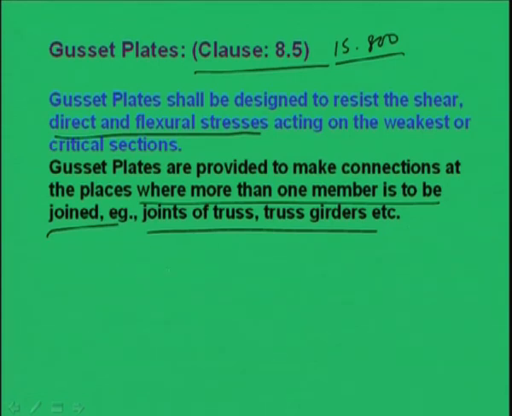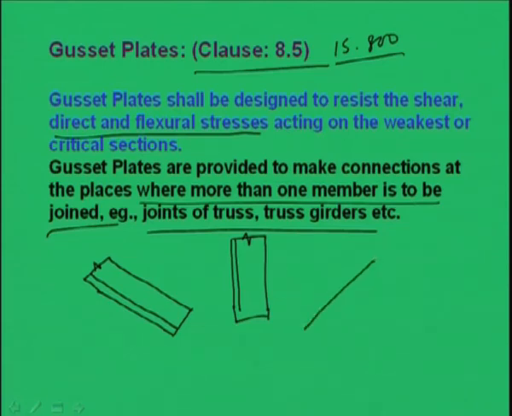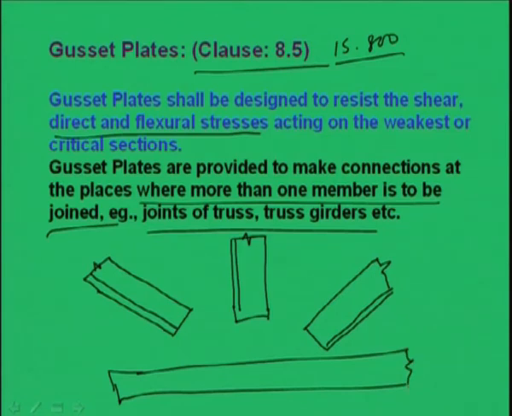Let us see how it looks. Suppose one truss member is inclined here, another truss member is placed like this, maybe another truss member is placed like this, and also suppose one bottom chord is there. So this is another truss member.